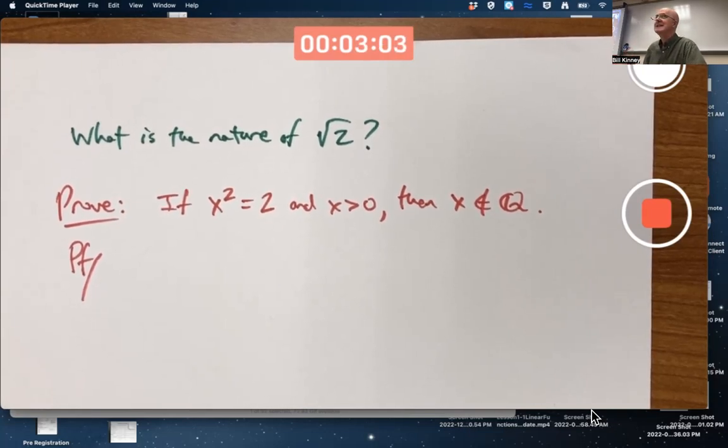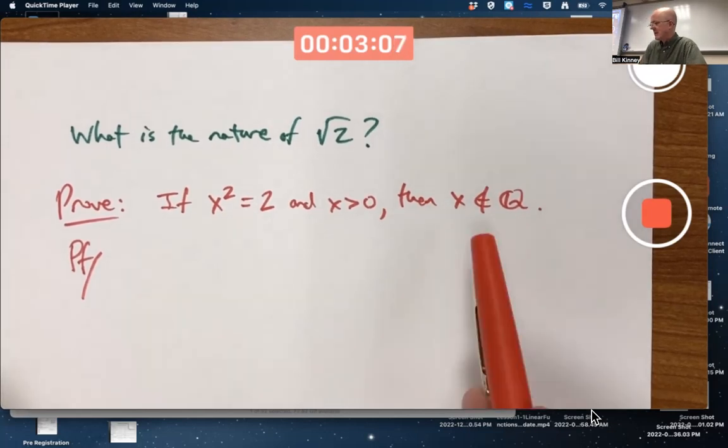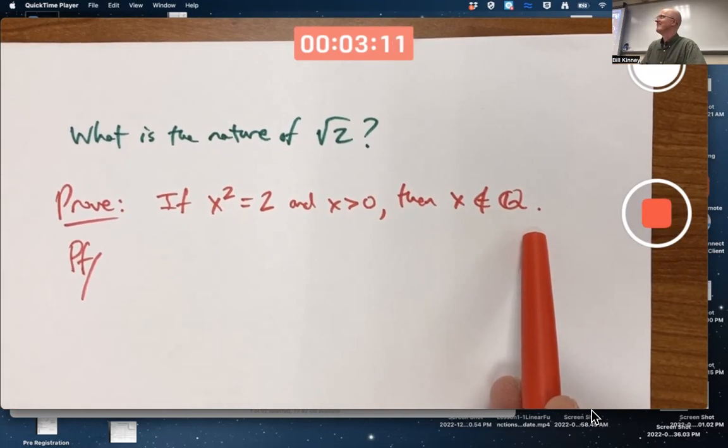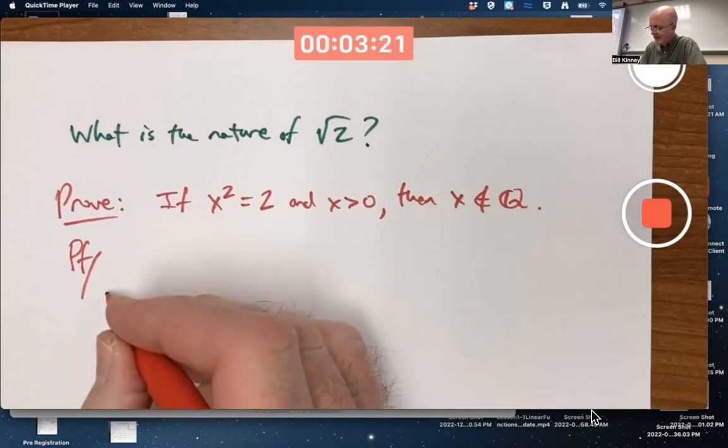And yeah, it's an argument by contradiction. How else are you going to prove something is not rational than to say, what if it is rational? What would that lead to? What kind of conclusion could you make? It must be somehow a contradictory assumption. So that's what you do.